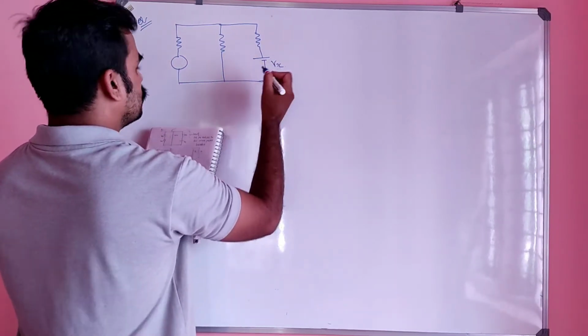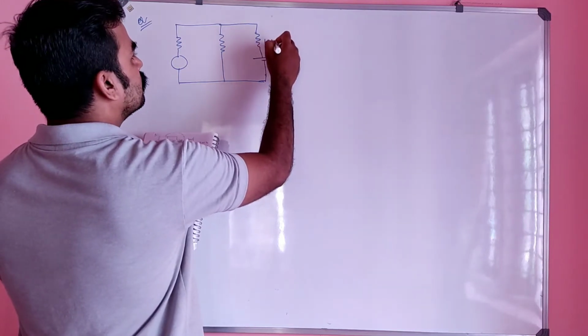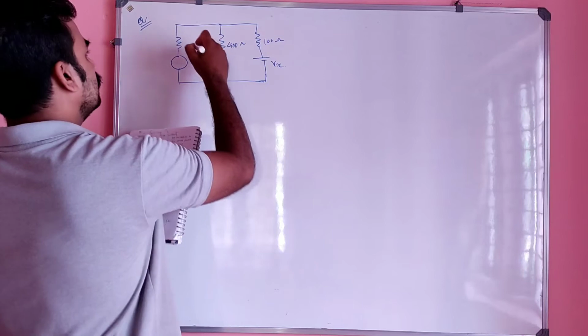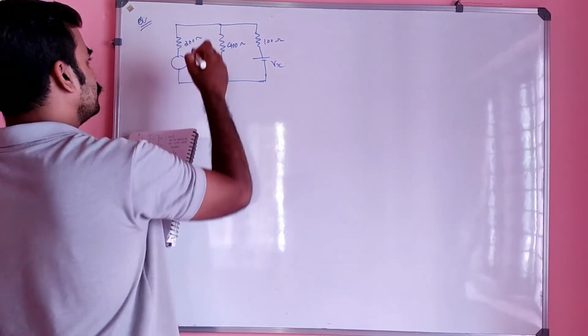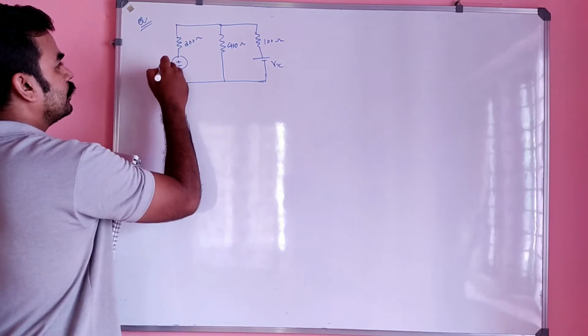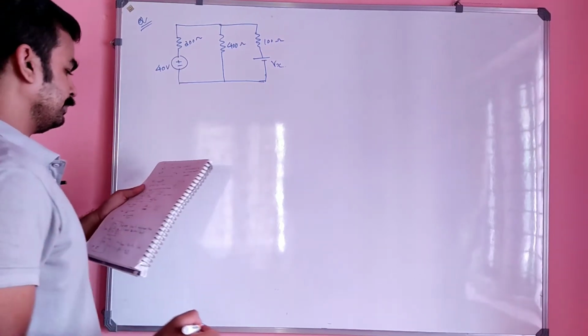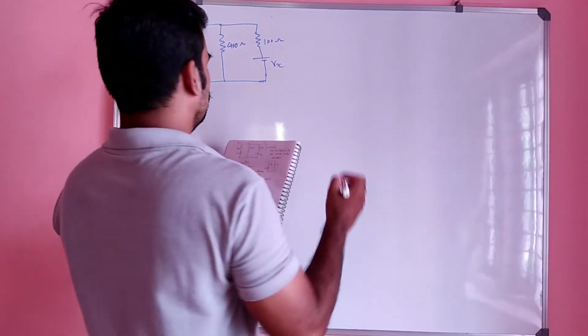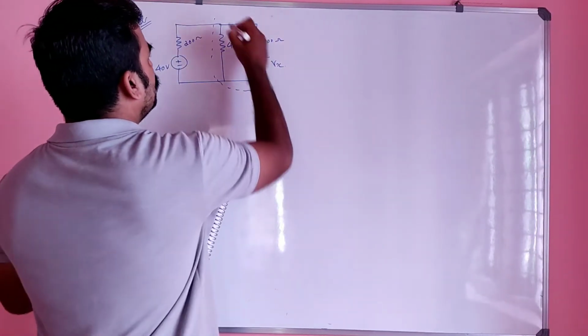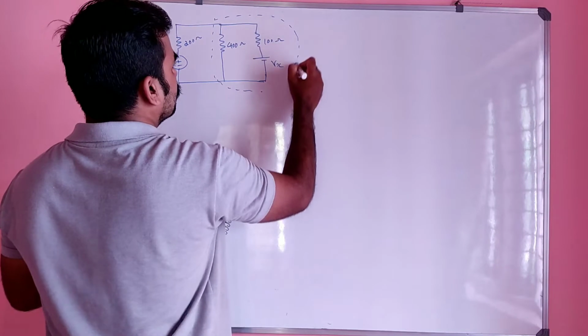So this is Vx, this is 100 ohm, this is 400 ohm, this is 200 ohm, and this is a 40 volt source. Up to this is considered the load.